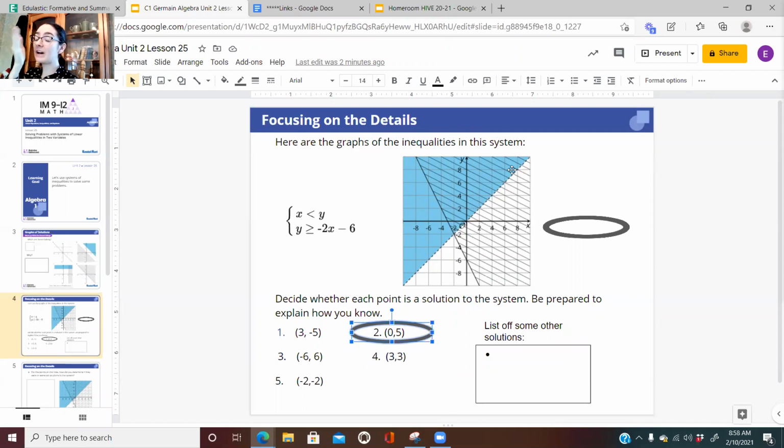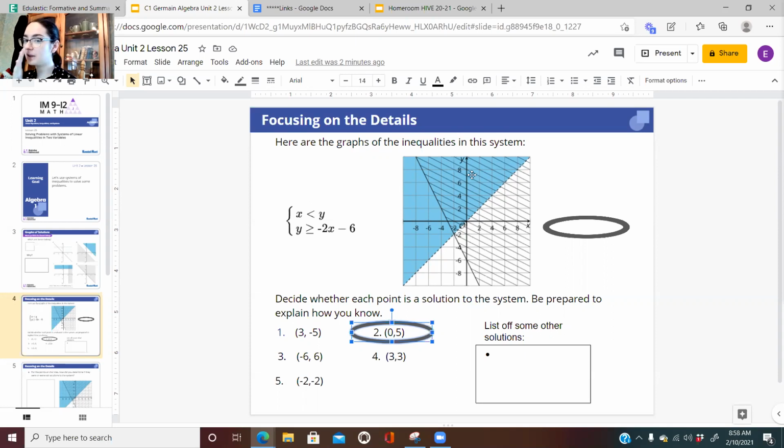So if it falls on that line, it cannot be equal to, for example, negative 8, 8. 8, 8 would not be a solution here because it falls on a dashed line on that border region.